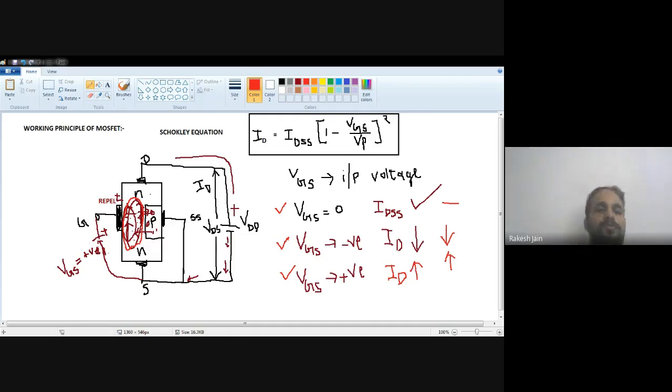With the help of today's lecture, we can easily prove how the output current depends on the applied input voltage, how to construct a MOSFET, and what the major differences between BJT and FET are. Now we go to certain objective questions from the MOSFET.